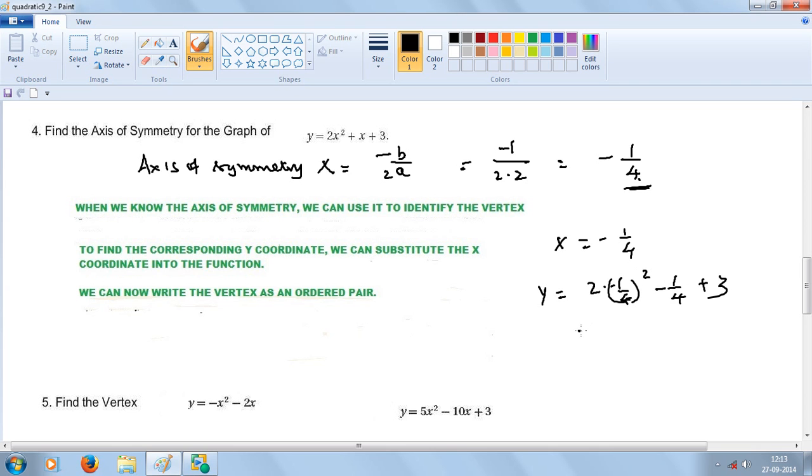If you solve this, it is 2 divided by 16, minus 1 by 4, plus 3. Taking a common denominator 16, minus 1 by 4 becomes minus 4 by 16, and this is 2 by 16.